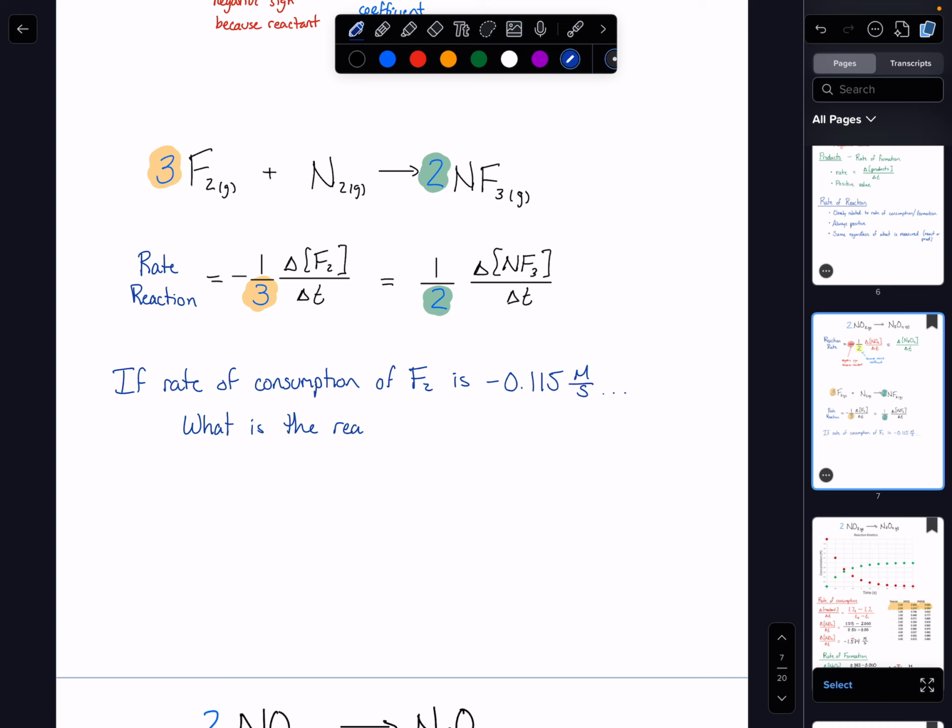Let's figure out what our reaction rate is. We can also ask, what is the rate of formation of that product?